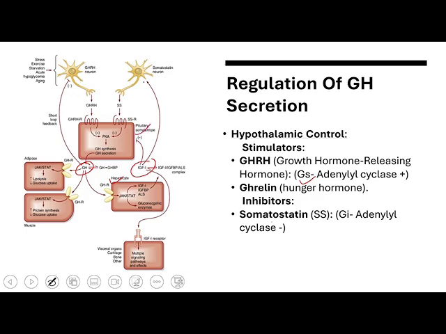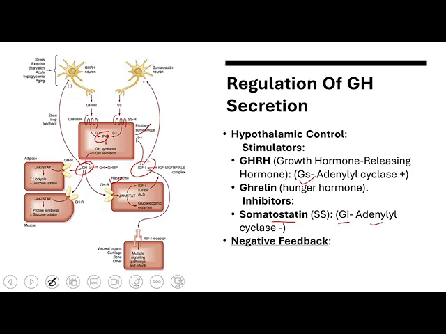And this somatostatin works by the GI pathway, that will inhibit the activation of adenylyl cyclase, and through this pathway that will lead to the inactivation of the protein kinase, and this inactivation leads to the reduced synthesis as well as secretion of the growth hormone.